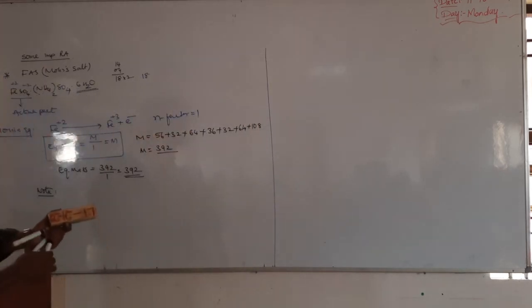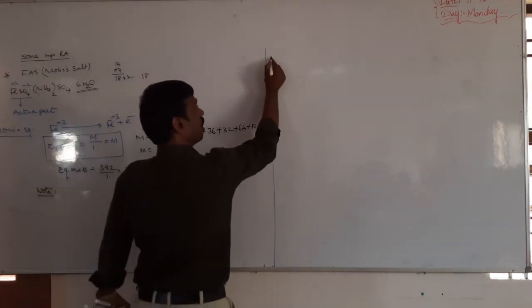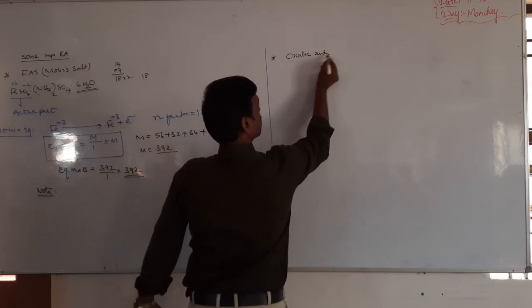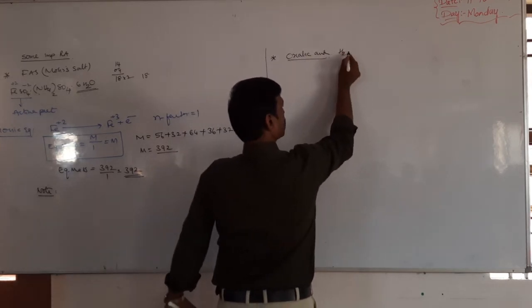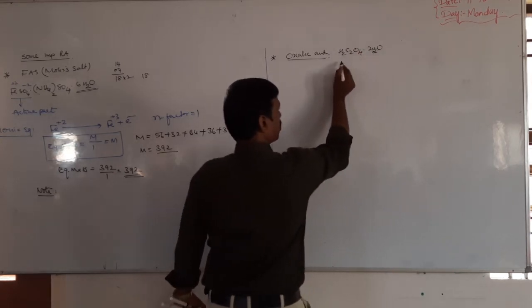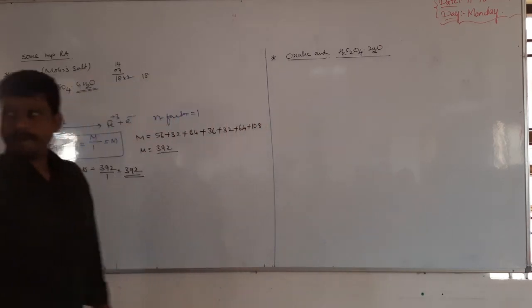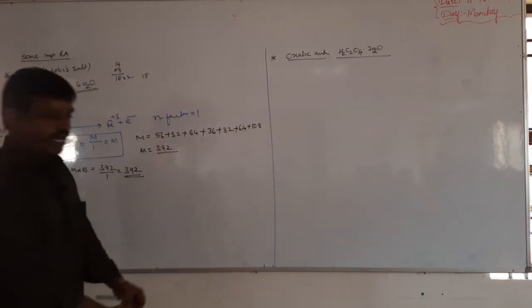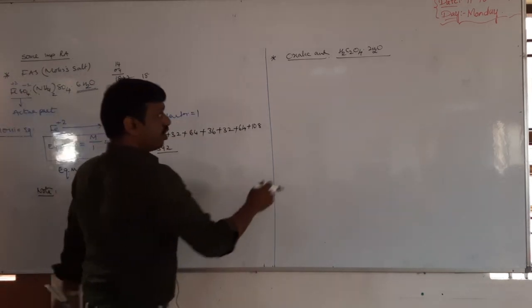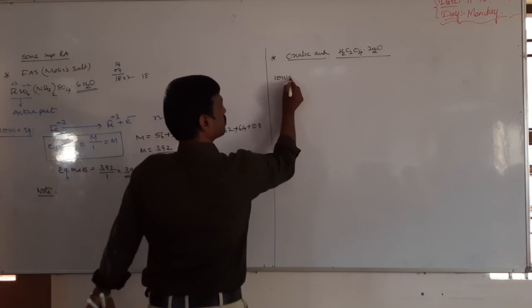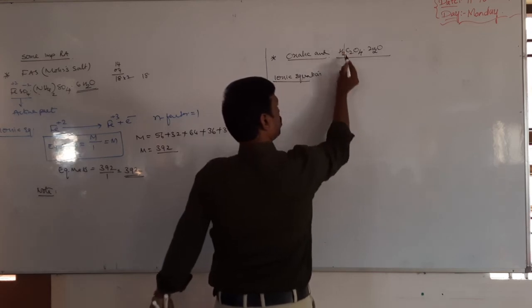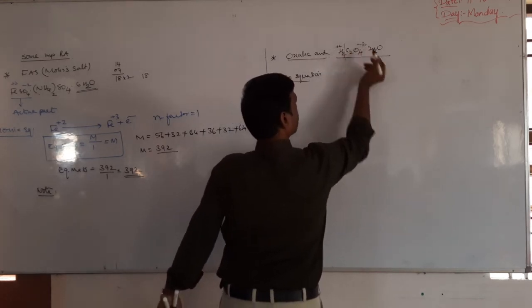Next, the second reducing agent is oxalic acid. So what is the formula of oxalic acid? H2C2O4. It is also a hydrated salt. 2 water molecules will be there. Hydrated oxalic acid. Tell me, what is the ionic equation? In the ionic equation, we take H+ 2 and C2O4 -2.